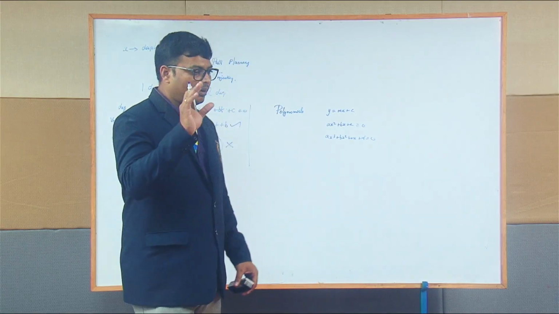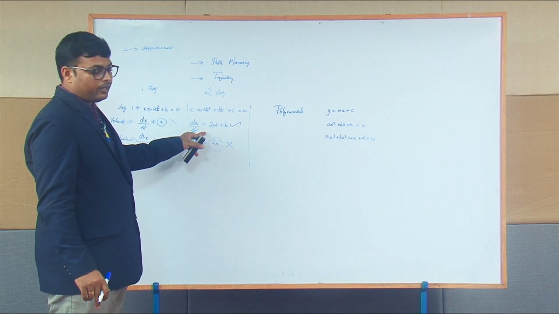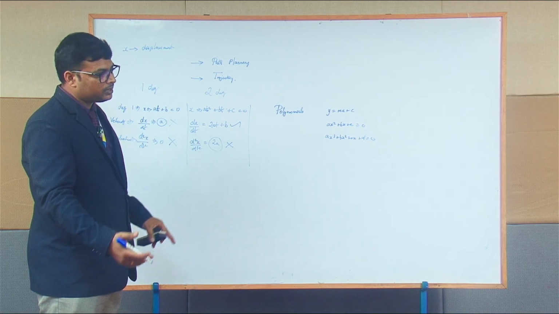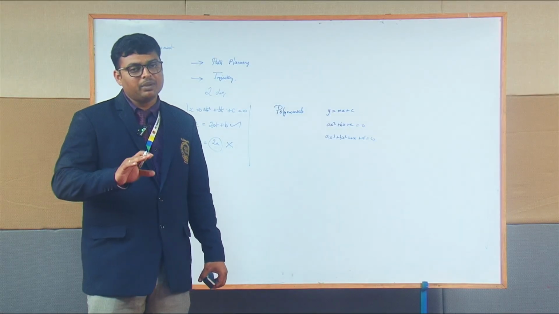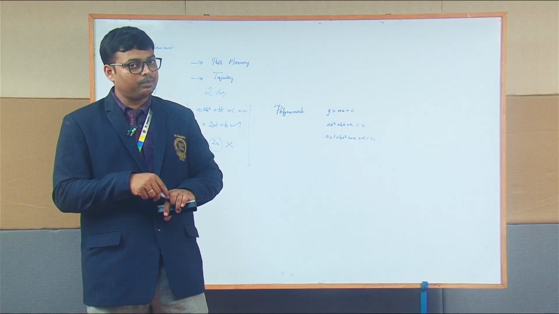If I have a power of degree 3, I will have the differentials for the first order differentiation as well as the second order differentiation, which is nothing but velocity and acceleration with respect to time, rather than becoming a constant or a 0 value. So this is all about path planning.